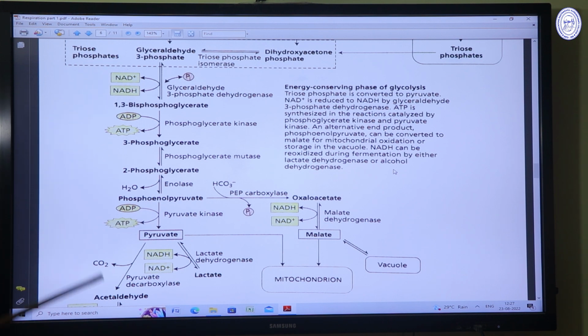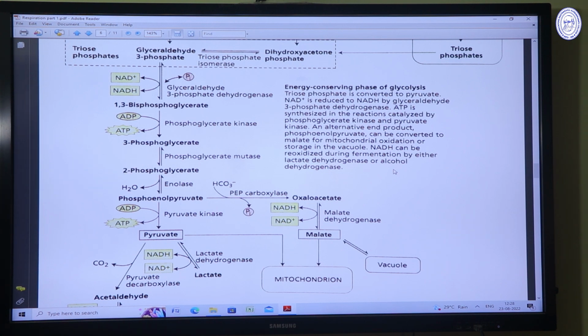Look at these steps, glyceraldehyde 3-phosphate to 1,3-bisphosphoglycerate, 1 NADH, that is reducing power, will be produced. Look also here, from 1,3-bisphosphoglycerate to 3-phosphoglycerate, and phosphoenol pyruvate to pyruvate. These two steps are also producing energy in the form of ATP.